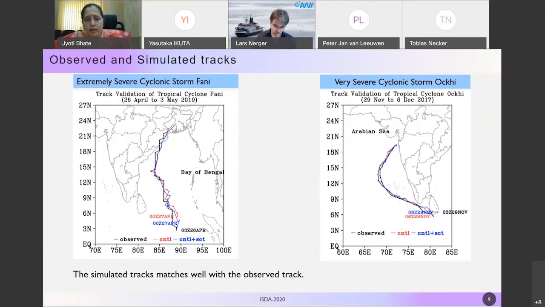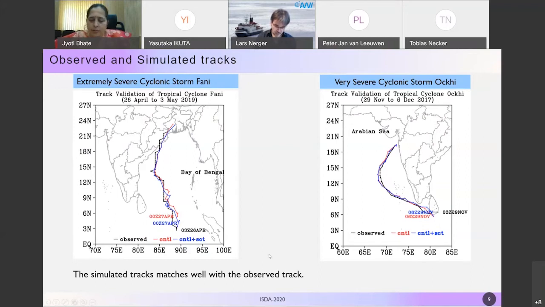Now I will show you some of the results of the simulated cyclones. The left panel shows the extremely severe cyclonic storm Fani, the observed and simulated track. There are some diversions in the track in the initial stage and the dissipation stage of the cyclone for Fani as well as Oki.